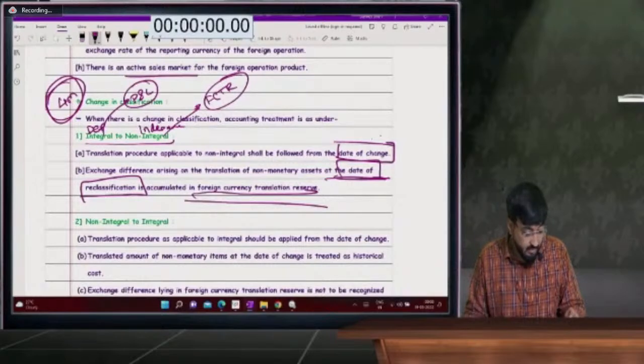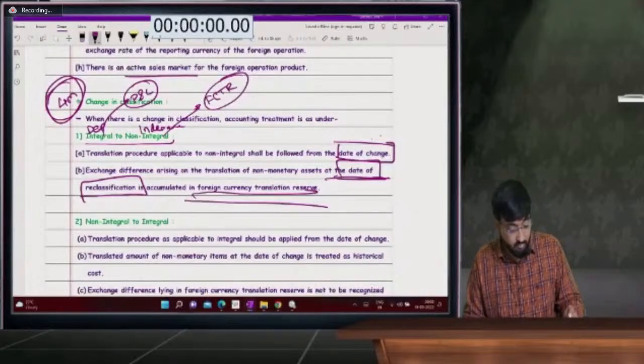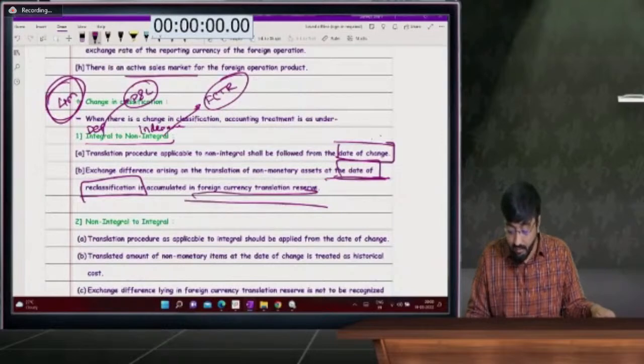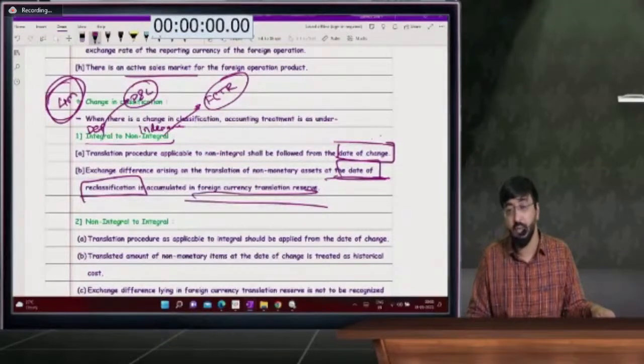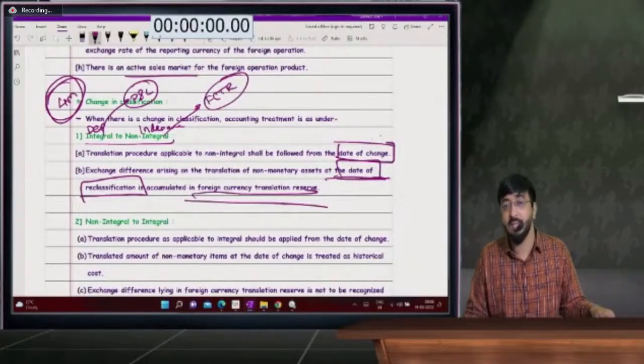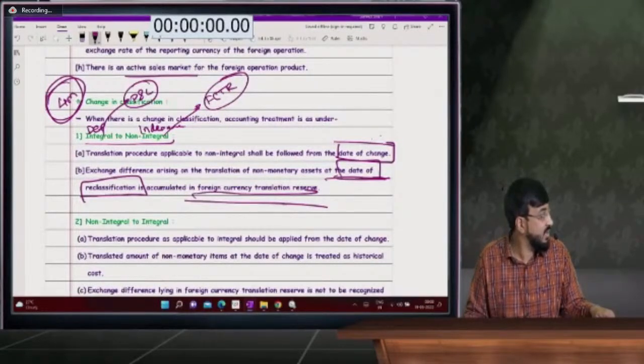Okay, so beta, date of reclassification will be considered as FCTR balance. So exchange difference will be adjusted in FCTR.